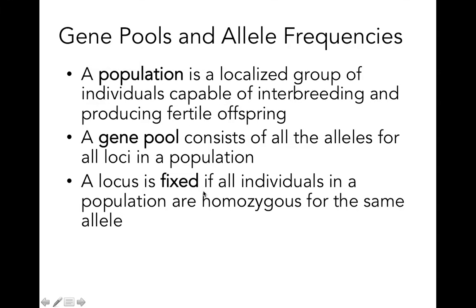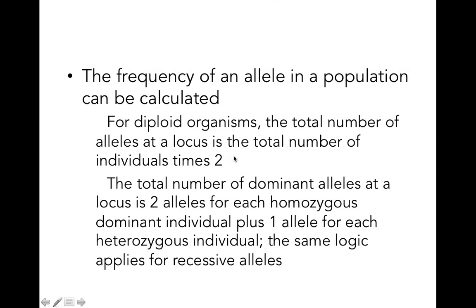A locus is fixed if all individuals in a population are homozygous for the same allele. So we can calculate allele frequency within a population, or what proportion of individuals have a particular allele within a population.